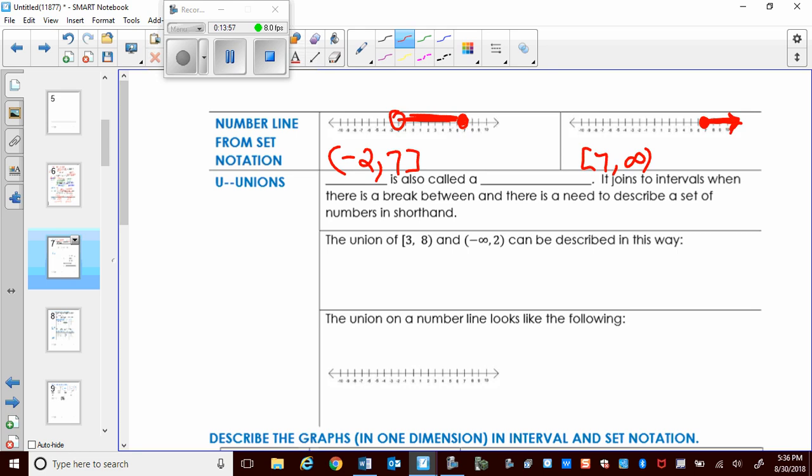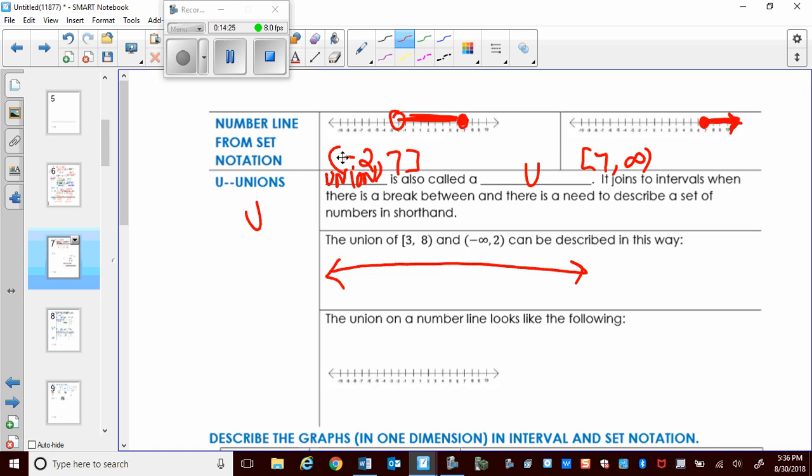Now, the union in interval notation is also called a U. It joins intervals when there's a break between them and there is a need to describe a set of intervals in shorthand. So basically, look at the next problem. It says the union of 3 to 8. So let's create a number line here.